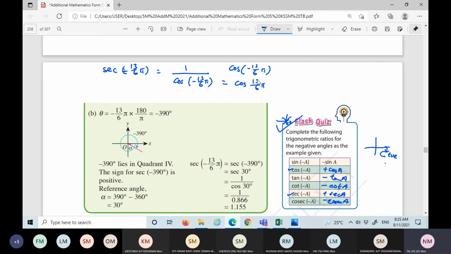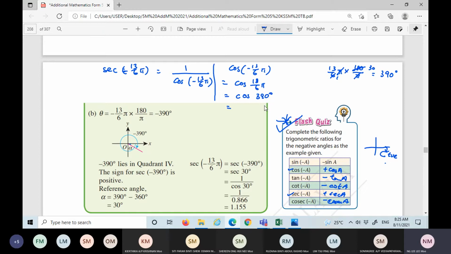Then change this one to degrees. So 13 over 6 pi, make it into degrees by multiplying by 180 over pi. I use the calculator: 13 times 30, I get 390.